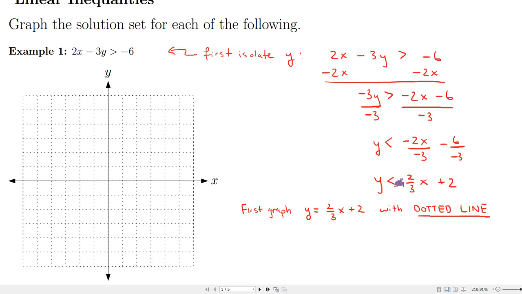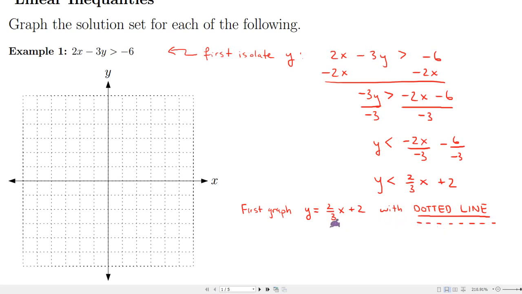Since this is not less than or equal to, but strictly less than, we're going to reserve that for a dotted line, so we'll denote that on the graph with a dotted line. When we're allowed to have equality, we'll use a solid line instead.